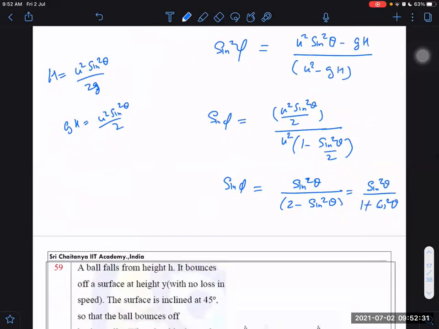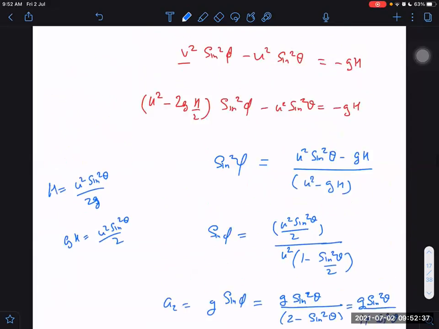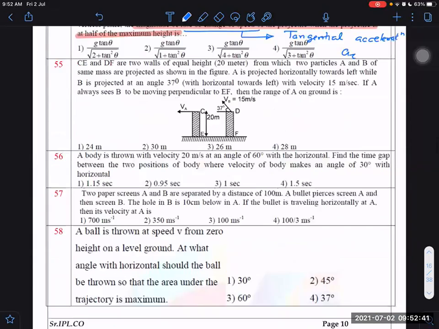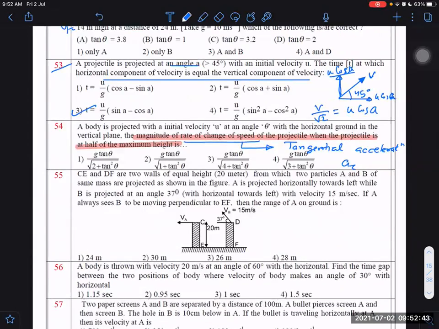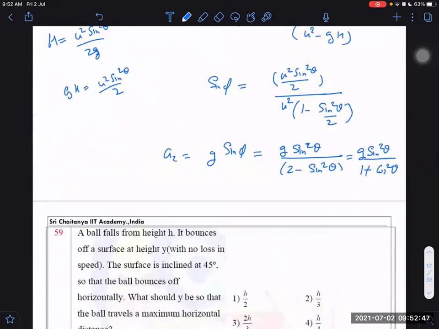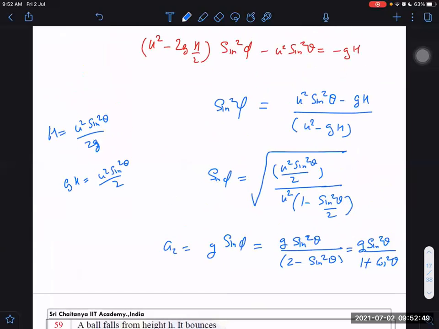Then what is tangential acceleration? Tangential acceleration is g sine phi. Are we getting the answer? There is no such answer in terms of tan theta. First of all, it should be root. Sine phi I have taken, so it will be root here, and g will be outside the root.